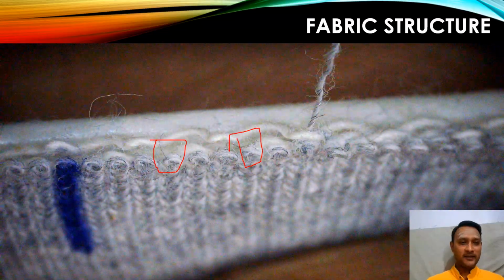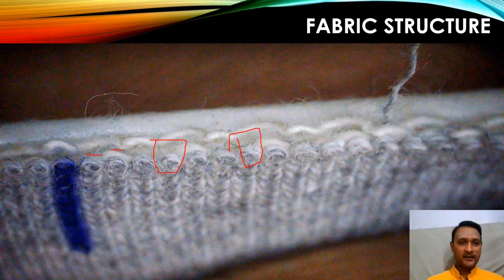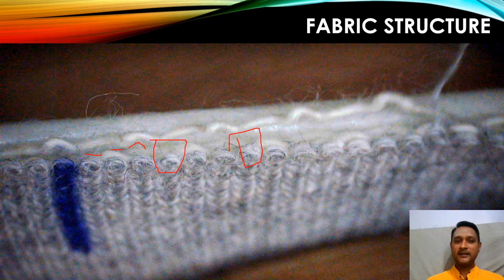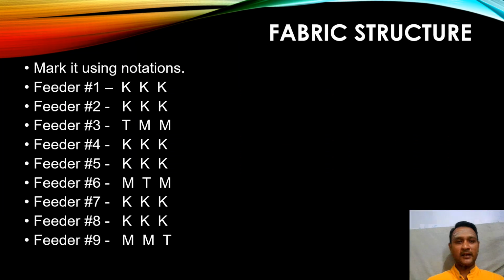Here the repeat is miss, miss, and then tuck. That is getting repeated. So with our usual notation technique, let's mark the feeder number 7, which is the all knit, the front portion, completely with the knit loop, and in the looper side we found the first needle with the miss, second needle with the miss, and the third needle with tuck.